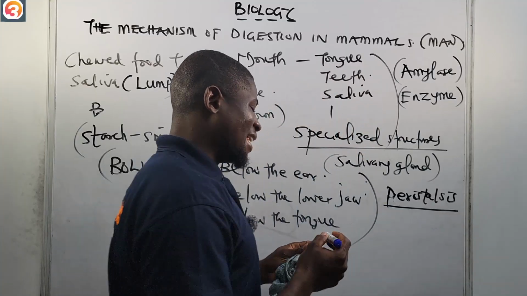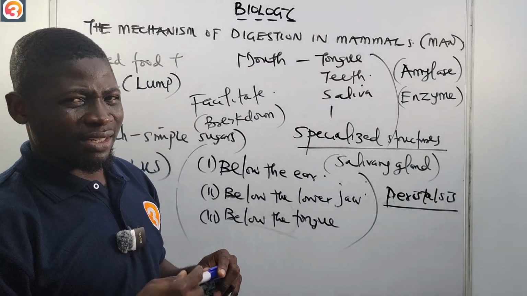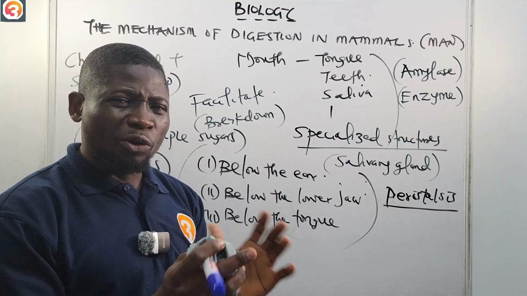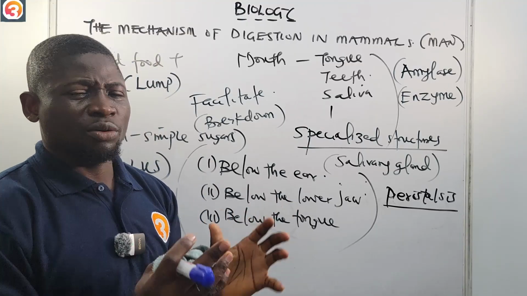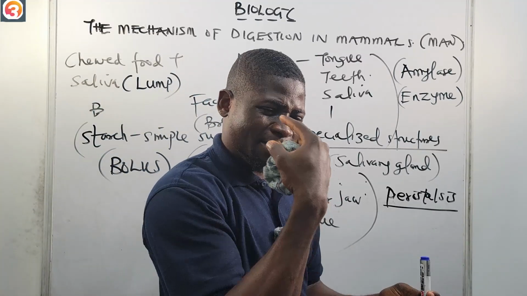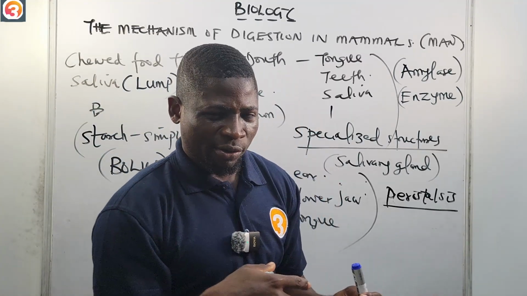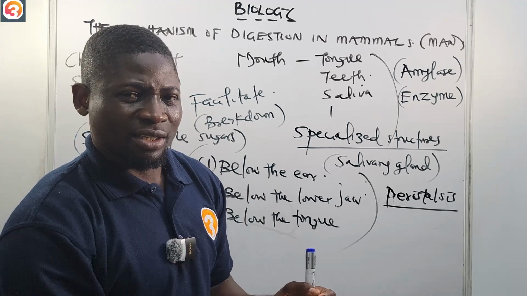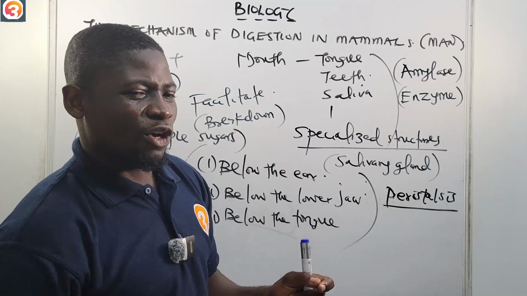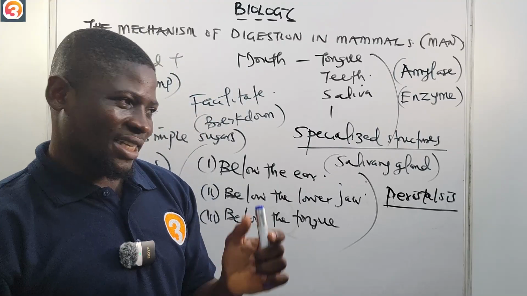We talked about peristalsis in one of the episodes. It's a wave-like involuntary muscular contraction that helps to take the chewed food, or the bolus, down the digestive tract, or the alimentary canal.